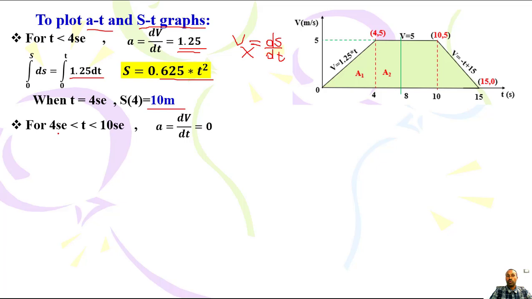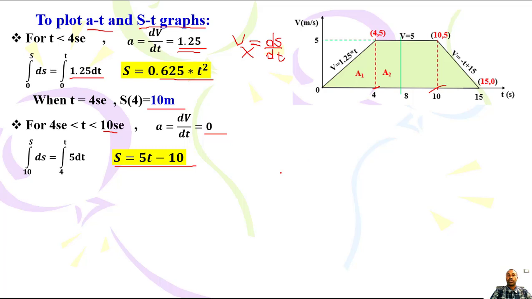Then for 4 up to 10, you have a velocity function, dv by dt, acceleration is 0. Then similarly, just integral ds from 10 to s, and you have 4 to t, 5 dt, then you have 5t minus 10, because this is a boundary.